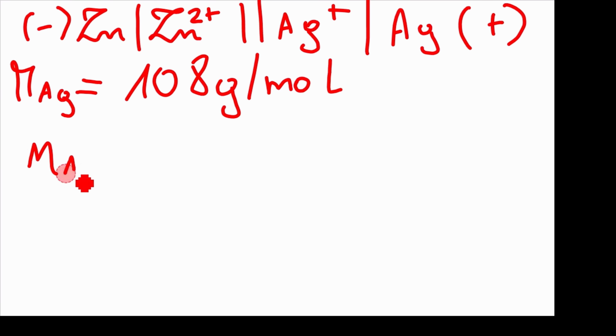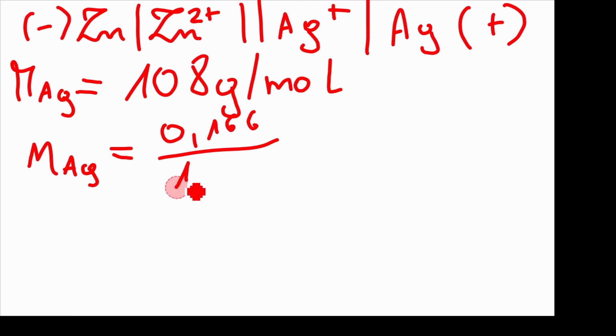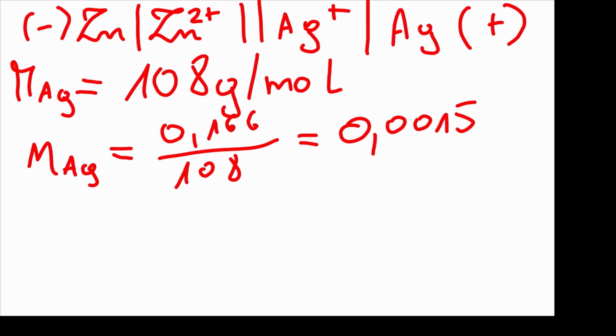So the number of the silver moles which were deposited on the surface of the plate is equal to 0.166 divided by 108, which gives us 0.0015 moles of silver.